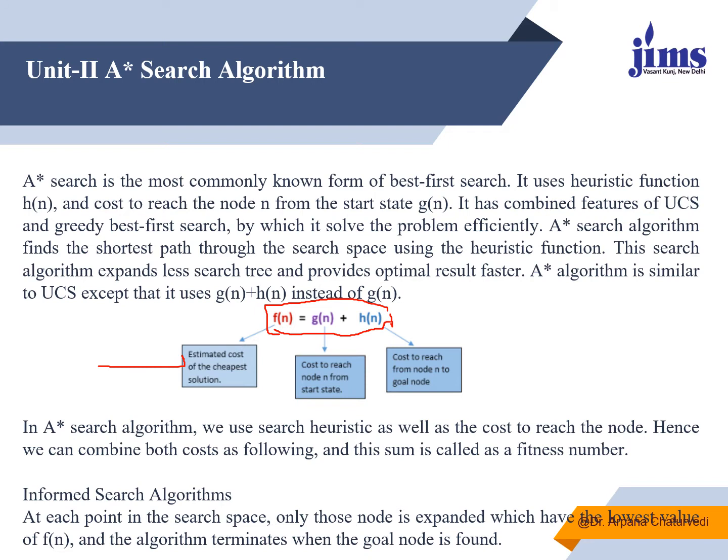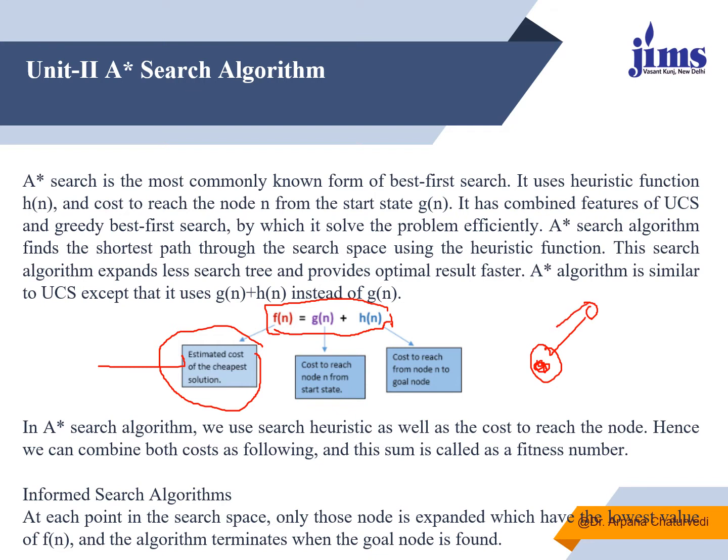So you have to understand it carefully. f(n) is the estimated cost of the cheapest solution, whereas if I am talking about node n, then g(n) is the cost to reach node n from the start state. From the start state to reach that particular node, what is the cost?